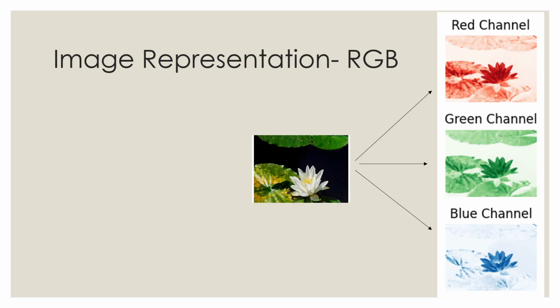Next, image representation in RGB. In RGB, the color image is represented in 3 channels, as I told you: red channel, green channel and blue channel. The full RGB image is a mixture of all these images in individual channels.